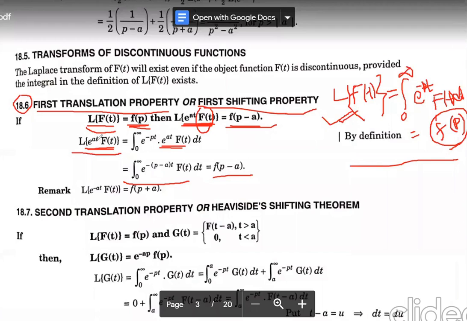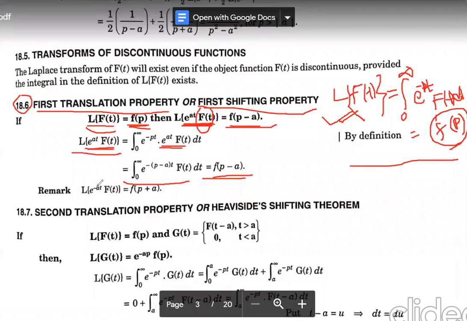Similarly, here it is e to the power plus at into f of t. Now, if it is e to the power minus at into f of t, then in the first shifting property, if it is e to the power at into f of t, you are getting f of p minus a if the sign of at is positive.